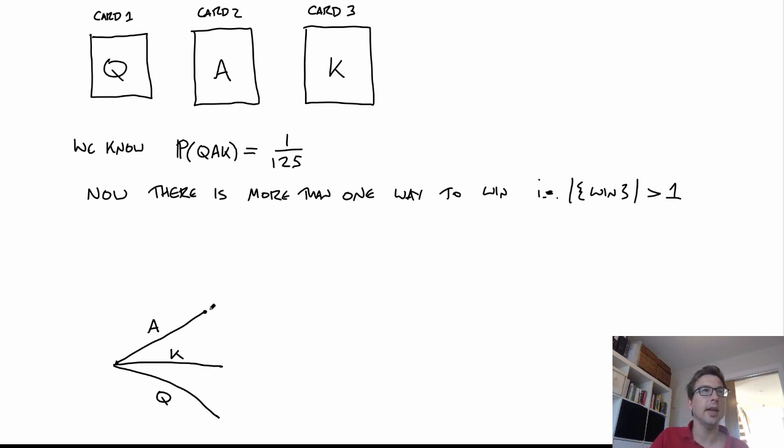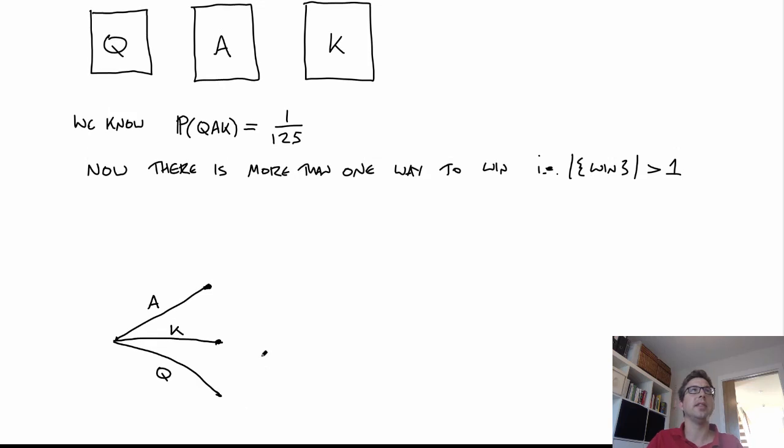Now let's suppose that we're at time 1, and let's do the queen branch. Suppose a queen has just been dealt. What things are permissible to happen so that I can still win? Well, if I get another queen, that's not going to help.